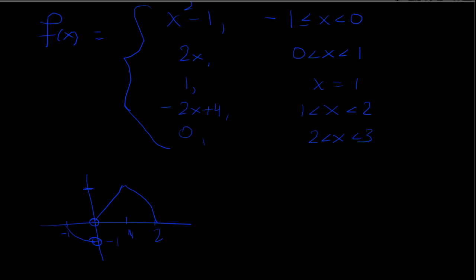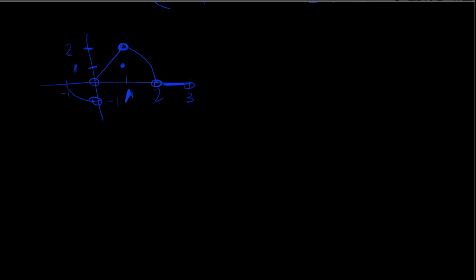And that's going to be a hole, actually, and the y value here is 2. There's a point x equals 1, y equals 1. And then between 2 and 3, that's a hole, and it's going to be 0. Okay. So this isn't the best graph, but let's see. This is 1. This is 1 as well.